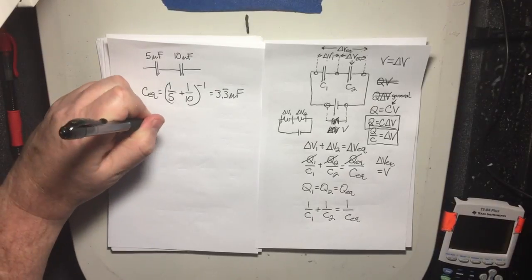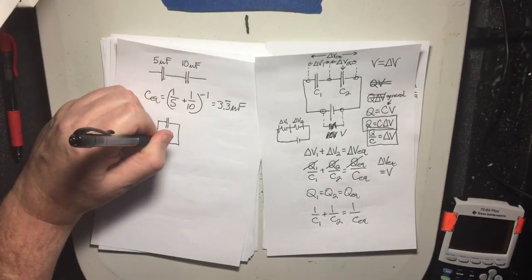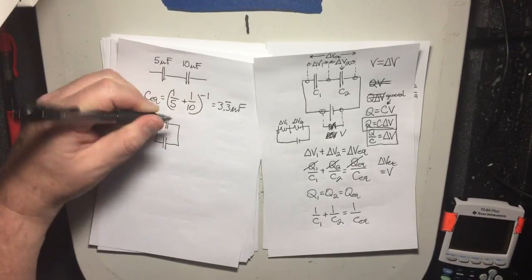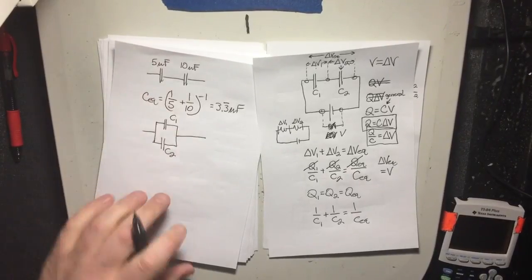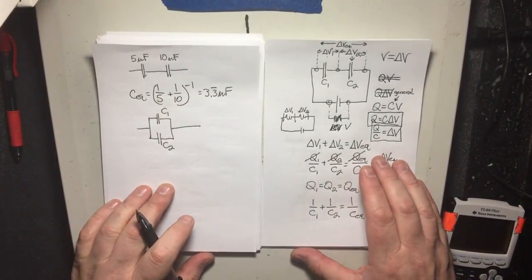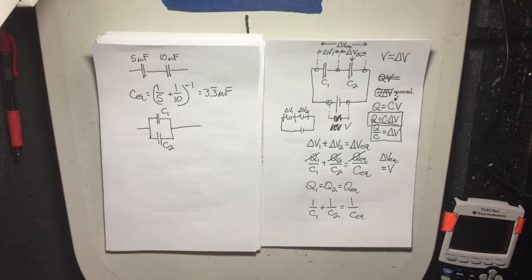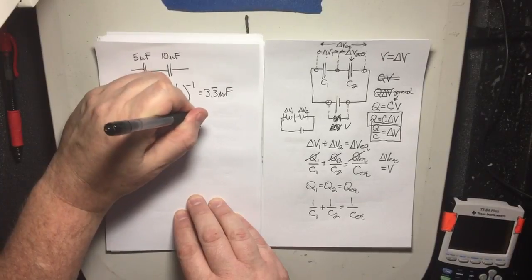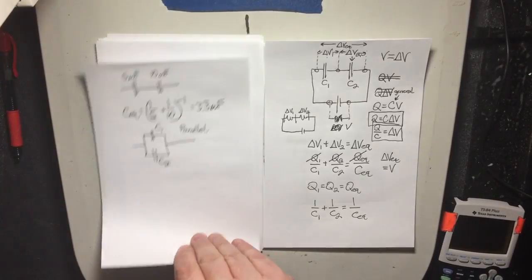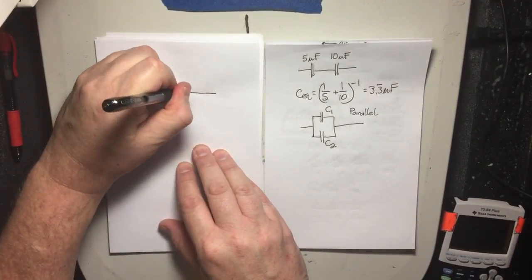Now for capacitors in parallel, you get this. Obviously these capacitors are in parallel. I'm going to write it a little bit bigger so that we can have it bigger on the screen and I have more space to draw.